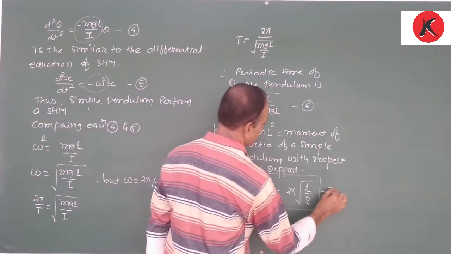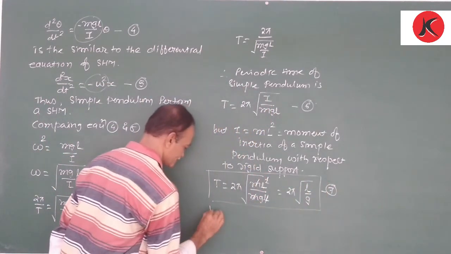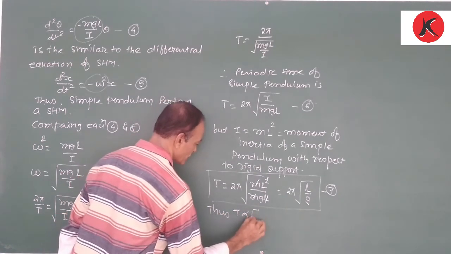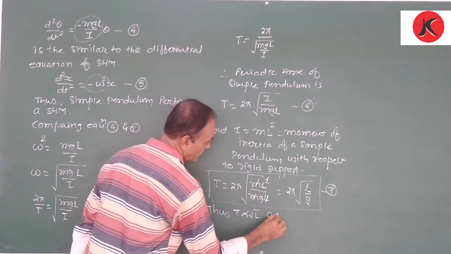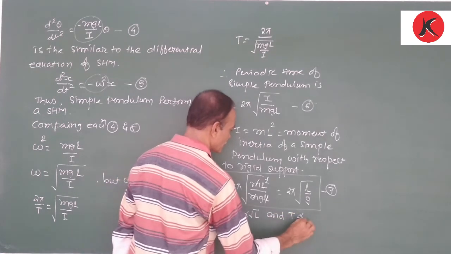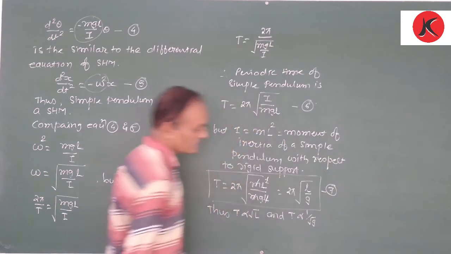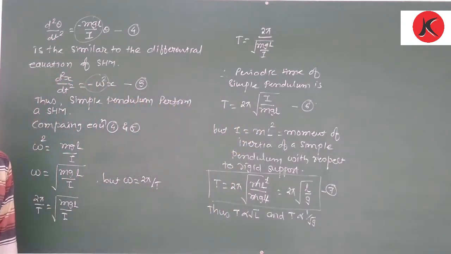From equation 7, T is directly proportional to the square root of l and inversely proportional to the square root of g.